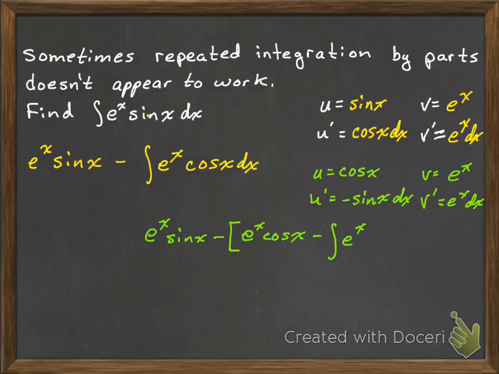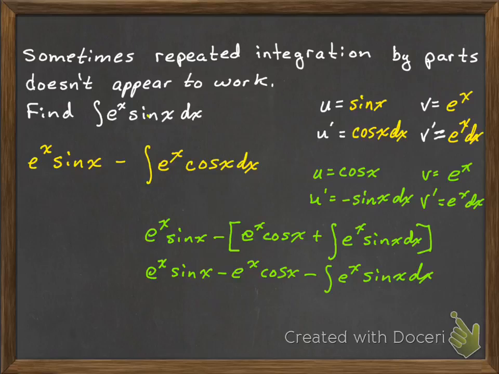And the u prime has a negative on it, so this is going to change to plus, and then throw in the sine x dx part here. All right, so distributing the negative will give us minus e to the x cosine x minus the integral of e to the x sine x dx.